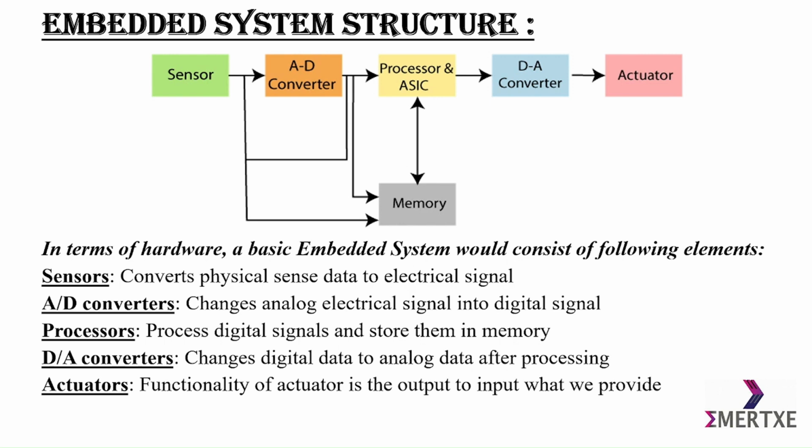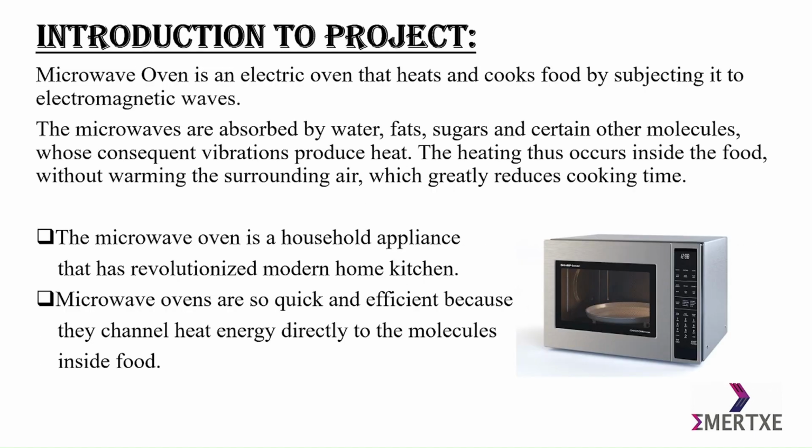Now, the introduction to our project. Our project in this internship is the microwave oven. It is an electric oven that heats and cooks food by subjecting it to electromagnetic waves. The microwaves are absorbed by water, fats, sugar, and certain other molecules, whose consequent vibrations produce heat.